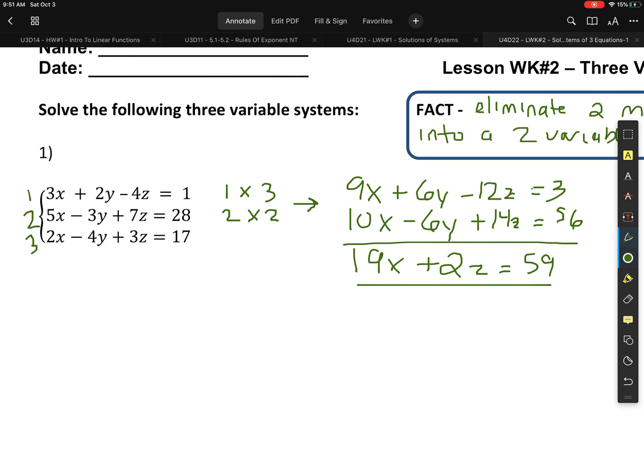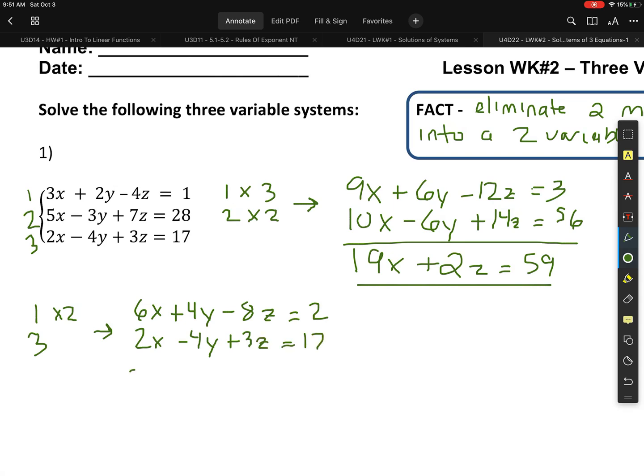So if I go in this situation, equation 1 and 3. Equation 1 I can multiply by 2, and I do nothing with equation 3. So I'd have 6x plus 4y minus 8z equals 2 over 2x minus 4y plus 3z equals 17. 8x minus 5z equals 19.